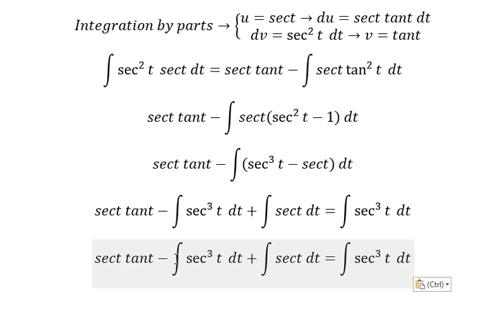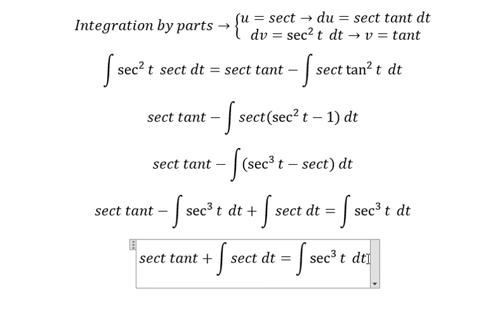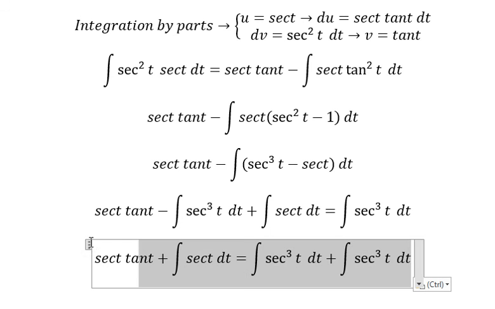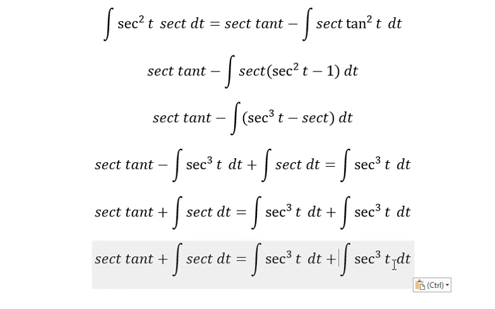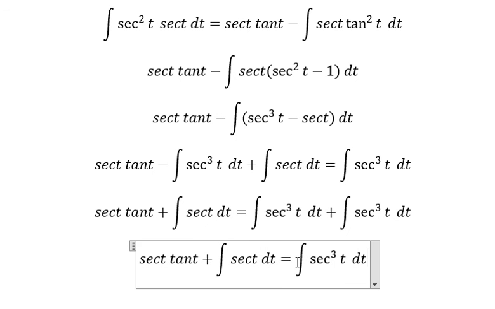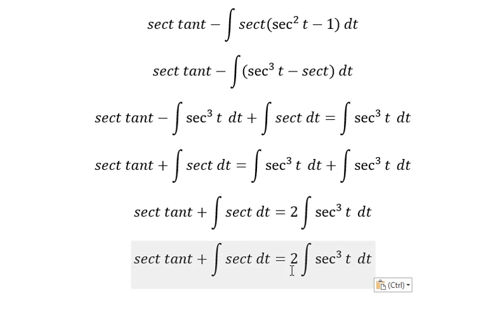So I will put this one to the right. So we sum two integrals together and you get 2. Later we divide both sides by number 2.